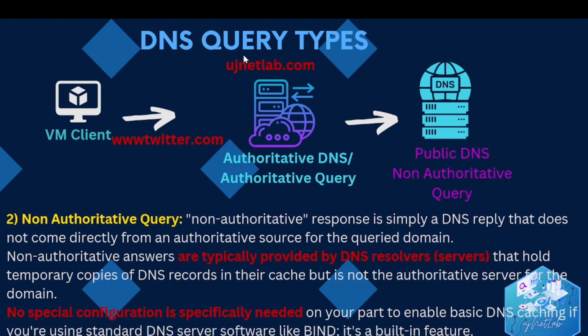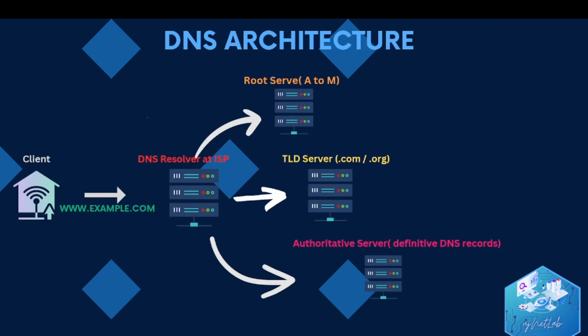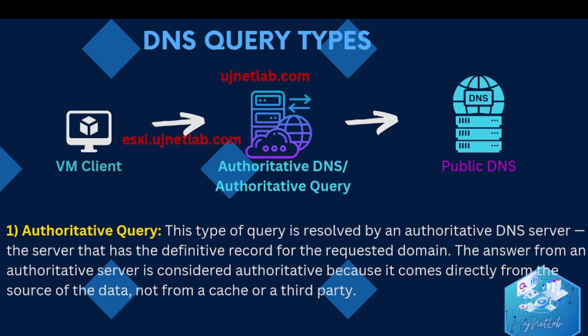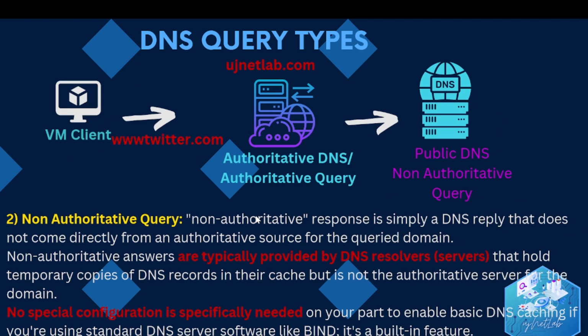It will act as a resolver and say, okay, I will find it out for you. Then this process will start again. It will go to the root server, the root server will go to the TLD server, and finally it will go to the authoritative server, which has the actual IP to name binding, and it will give the answer. But this is called a non-authoritative query because this server is not responsible. That's why we call it non-authoritative.